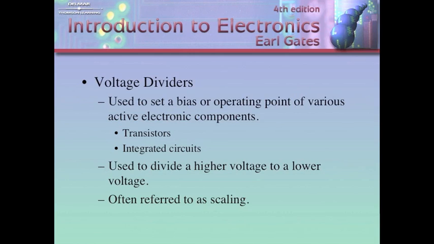Well, you know a voltage divider is what? A series circuit. So we use a voltage divider to divide a high voltage to a lower voltage. This process of dividing up the voltage is often referred to as scaling.